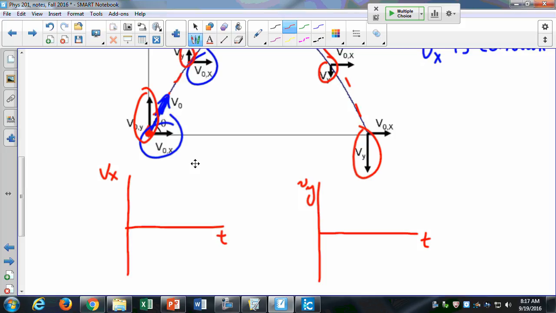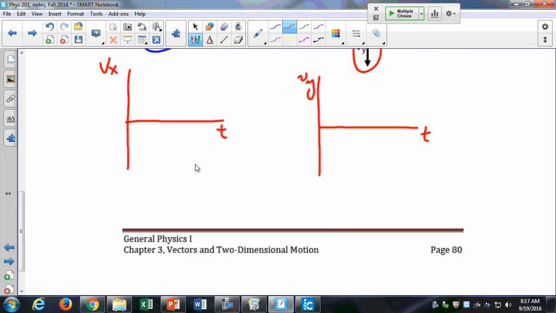What's going to happen to them? Make sure that you begin at the beginning and end at the end. So sketch out Vx and Vy. And then similarly, if you get that quickly, go ahead and do what does x versus t look like, and what does y versus t look like.